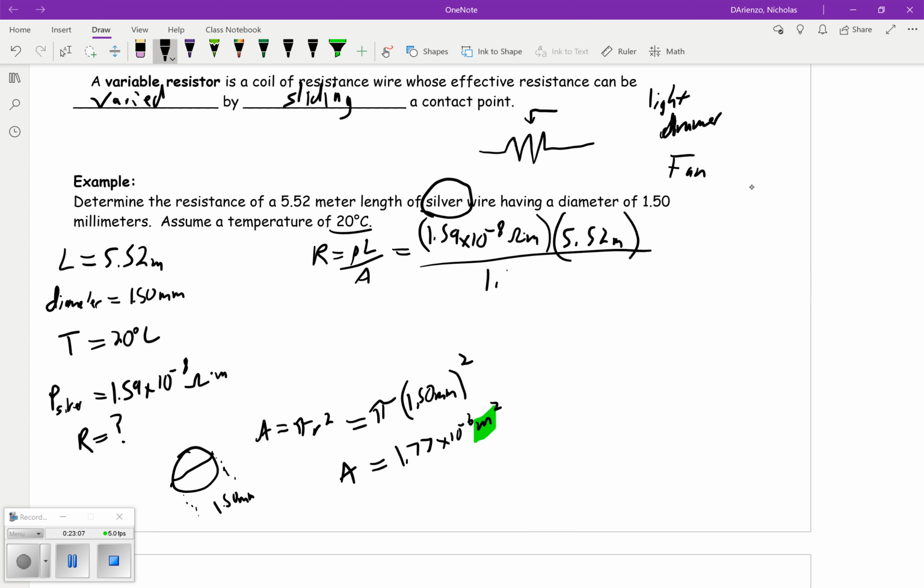We want to make sure that that is the same. We plug all that in here. We get a resistance of 4.96 times 10 to the minus 2 ohms.